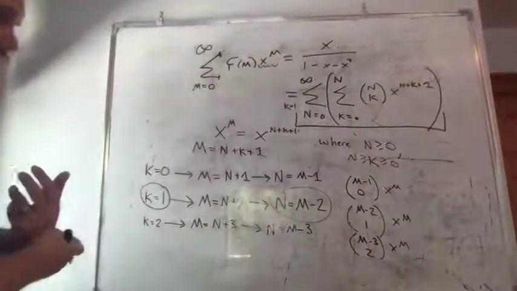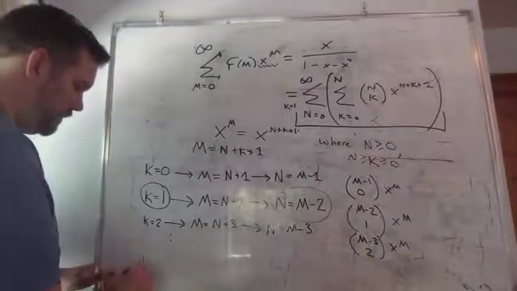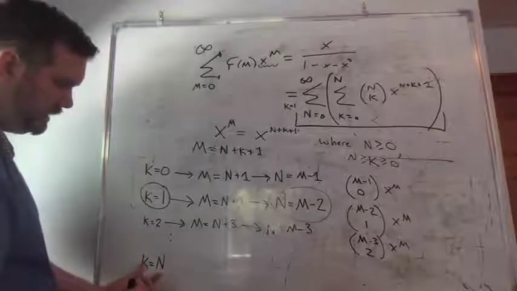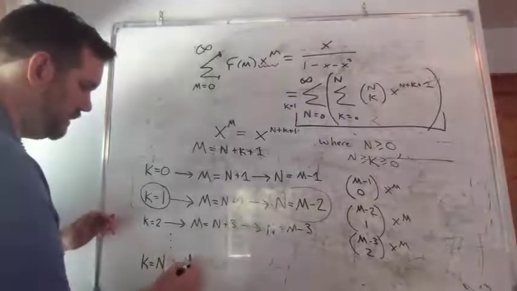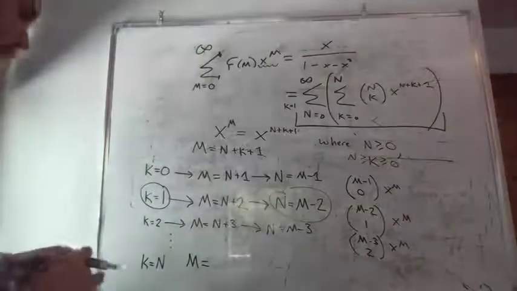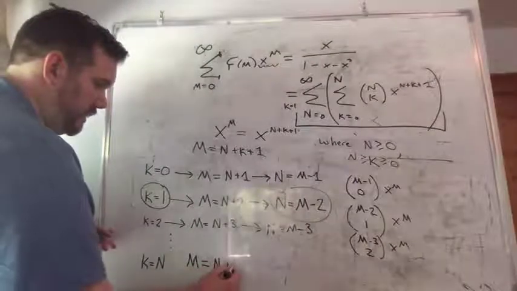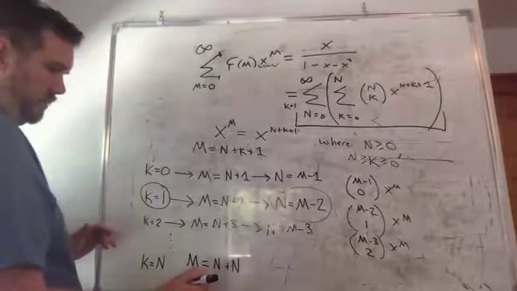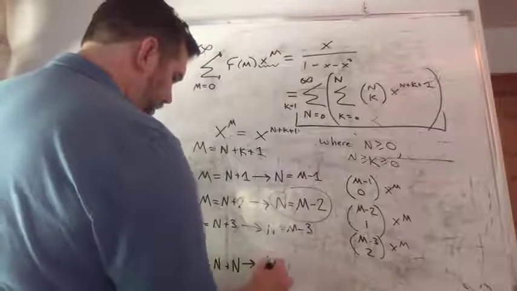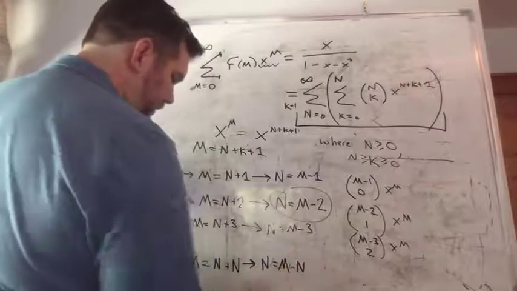And this is going to continue until at the very end, in the most extreme end of the iterating variable, I have k equals n. So that means that m is equal to n plus n, which means that n is equal to m minus n.